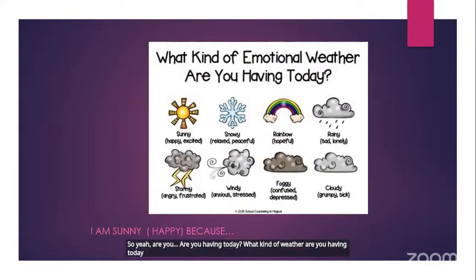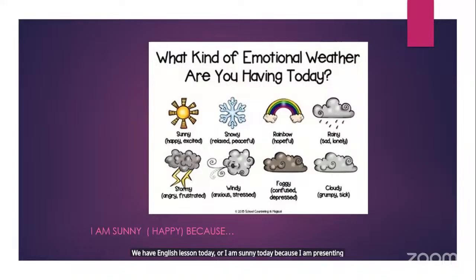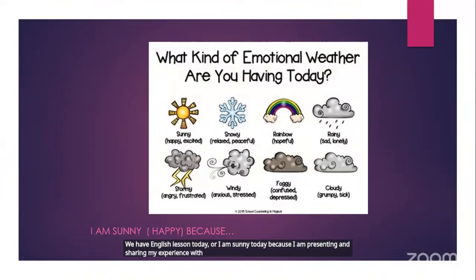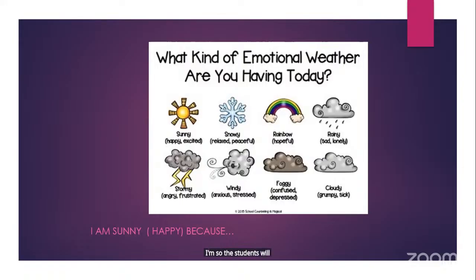You have to choose, for example, sunny. I am sunny. Sunny is happy and excited, and you have to explain, because we have an English lesson today, or I am sunny today because I am presenting and sharing my experience with others. So the students will share their emotions through weather. We can do it as a very fun one, not with pictures, but with weather.